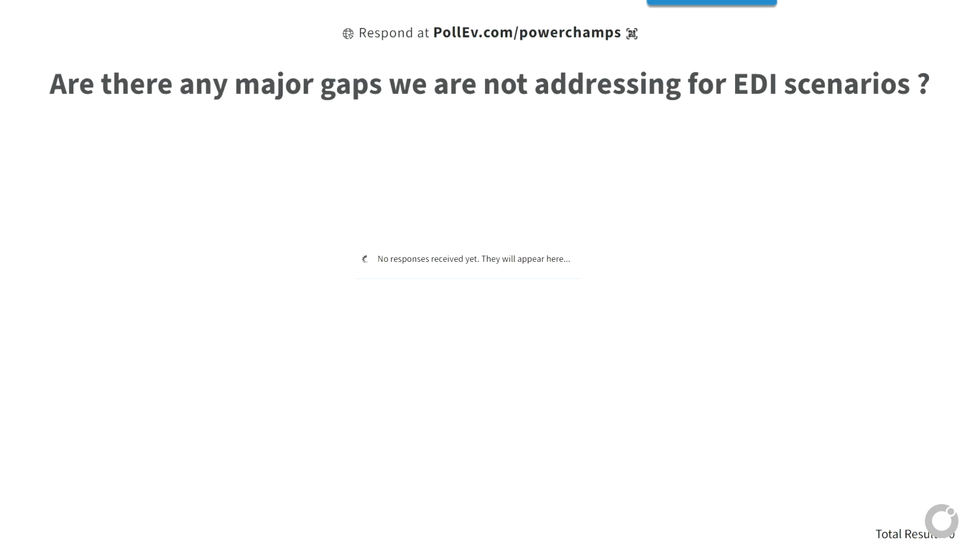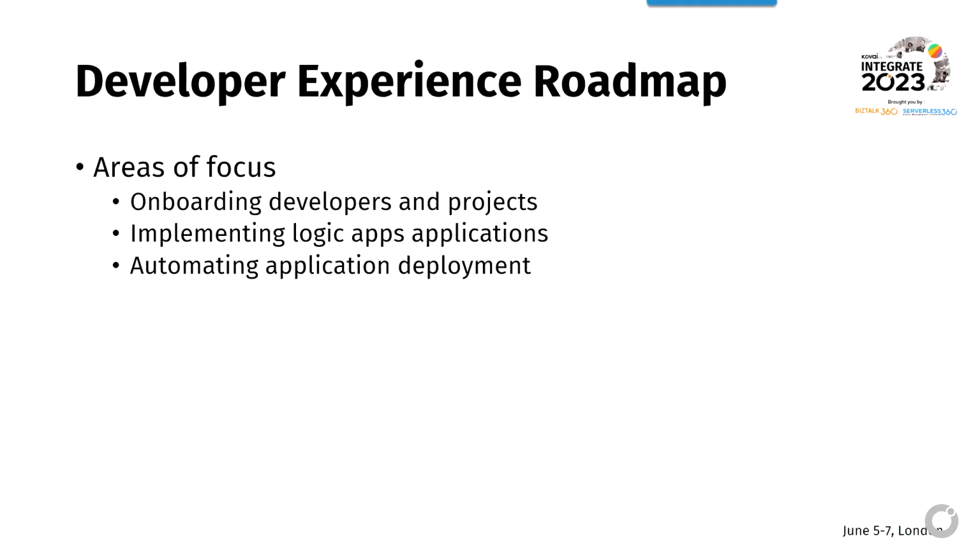Cool. So let's talk about the developer experience, because I still have like 4 or so questions for you on that one. And quite quickly, we discussed that a little bit last time. The whole idea of the developer experience roadmap here is focusing on 3 areas at this stage, right? One is improving the onboarding of new developers and the onboarding of new existing projects.